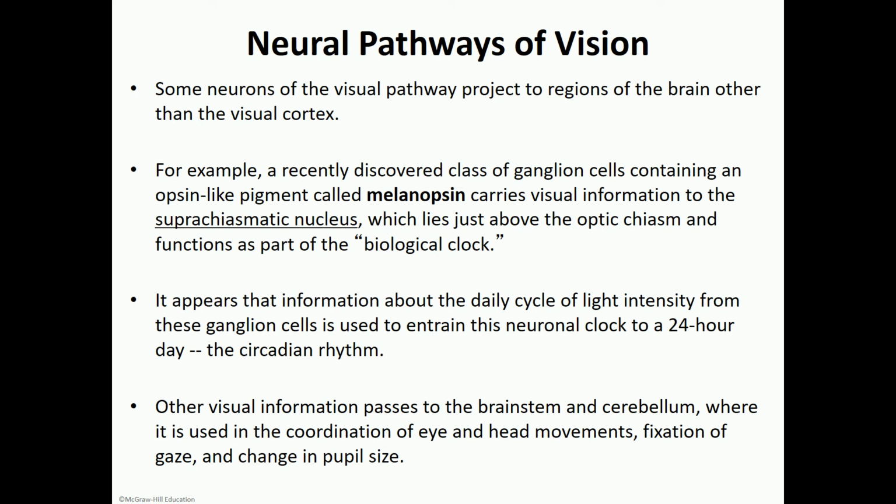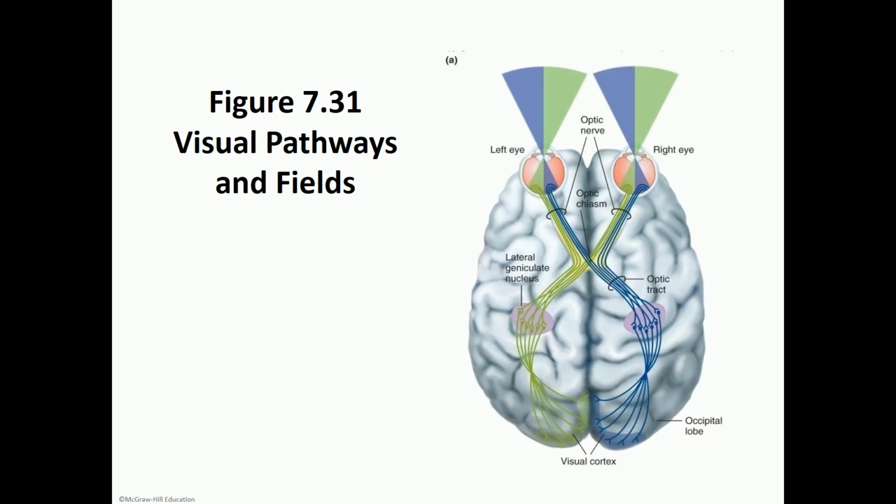Part of the information that we would integrate, for example, when we're walking, would be where are the things in relationship to me so I don't start bumping into chairs and so on. So you want the cerebellum and the brainstem to know what you're looking at and where things are in relationship to you.